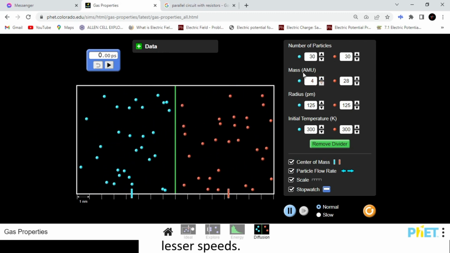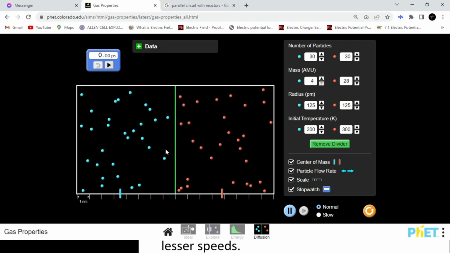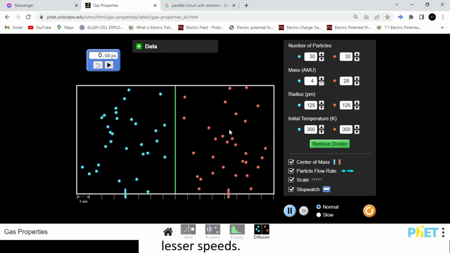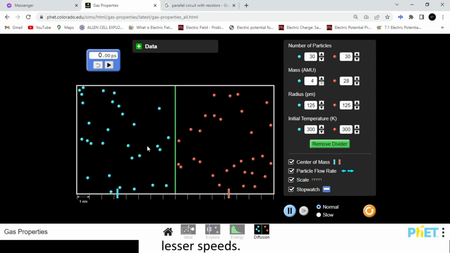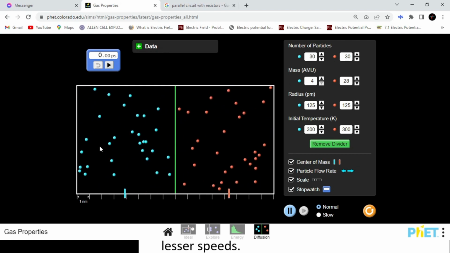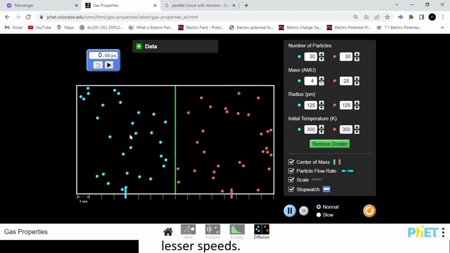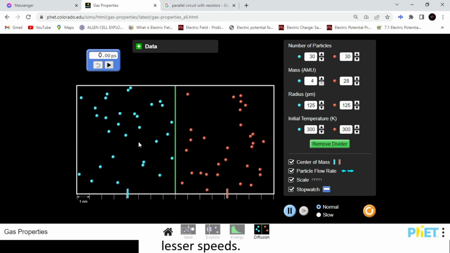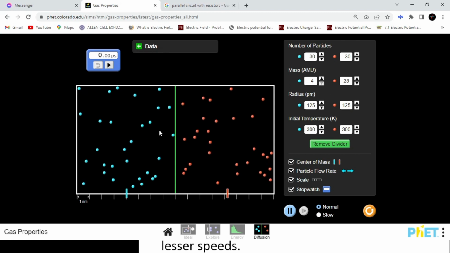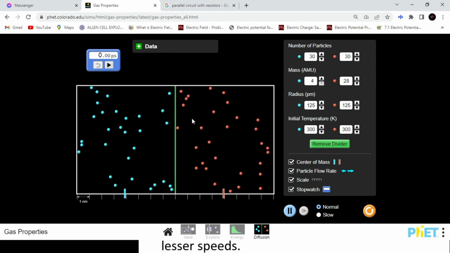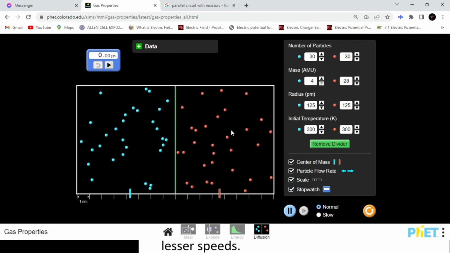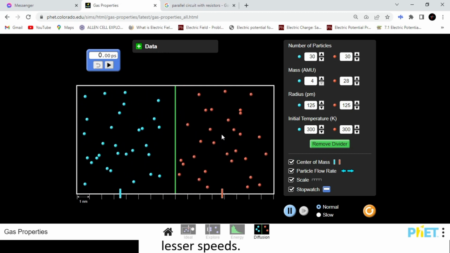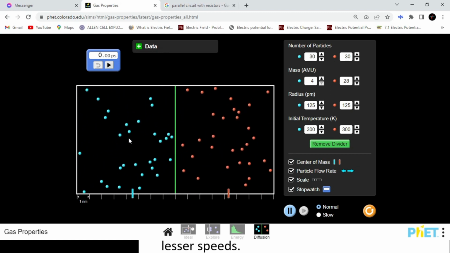As you can see here, although they have the same temperature or the same kinetic energy, the blue particles look fast when they are moving compared to the red particles. It's because, again, the blue has lighter mass compared to this one. This is heavier compared to the blue one.